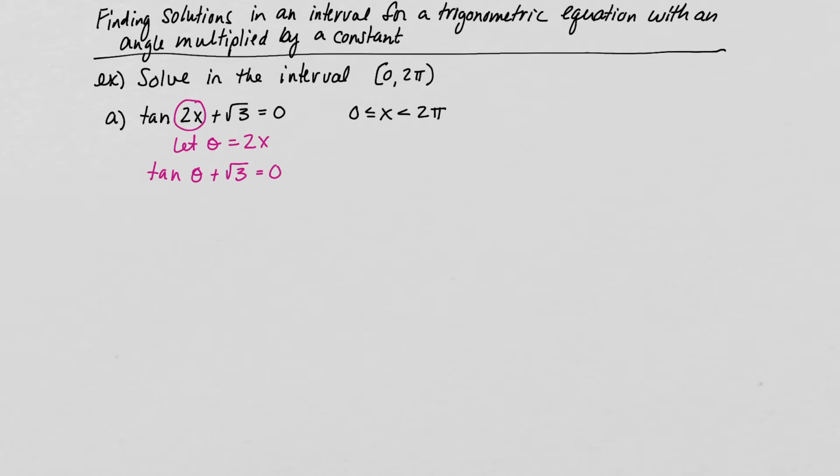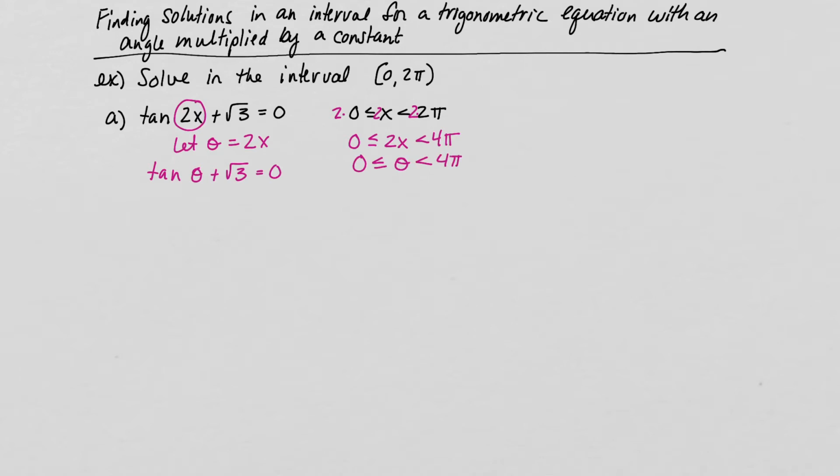And so in this case, if x is between 0 and 2 pi, if I multiply everything by 2, that's saying that 0 is less than or equal to 2x, which is less than 4 pi. Remember, 2x is theta, so 0 is less than or equal to theta, which is less than 4 pi.